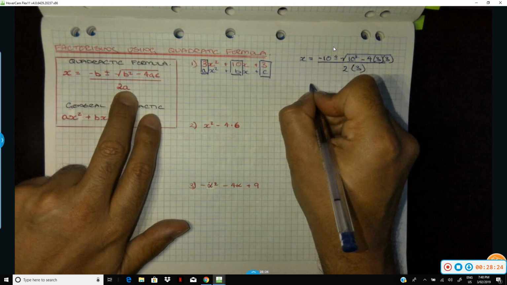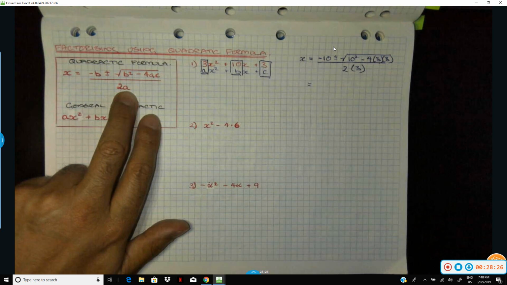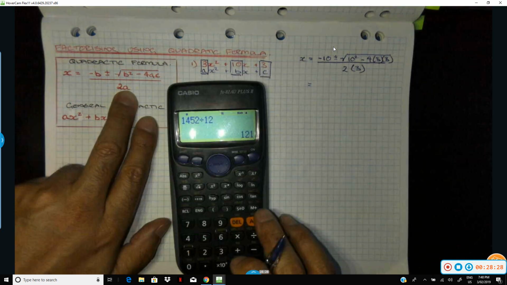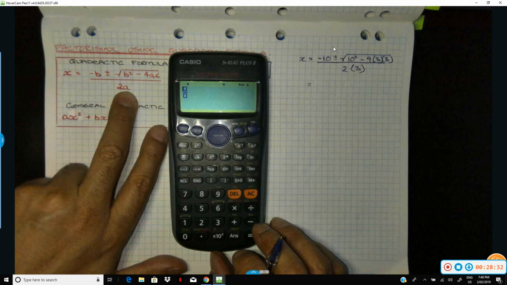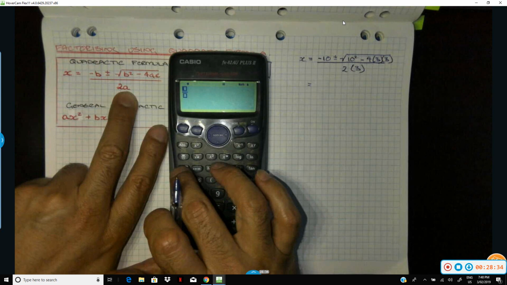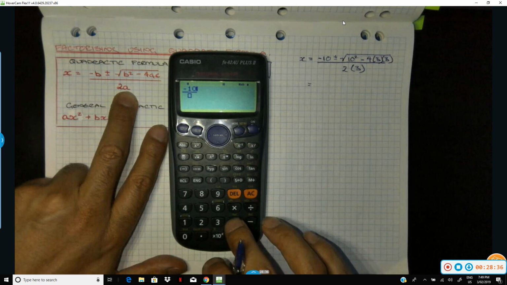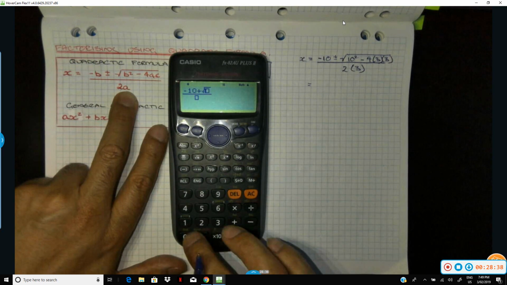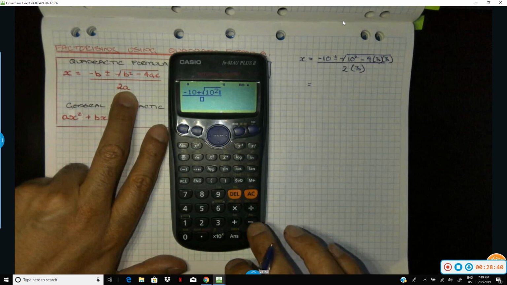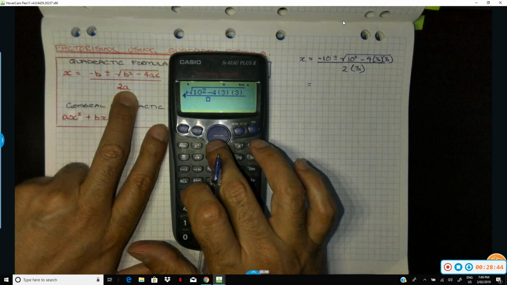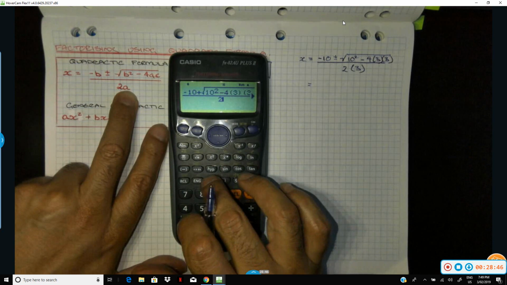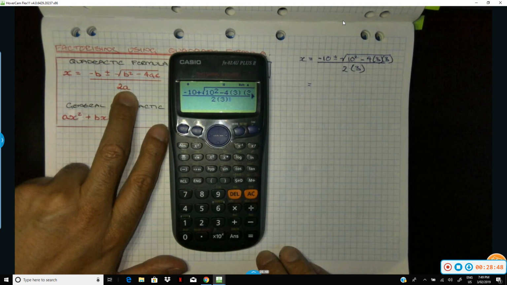Okay. Big complex problem to solve. But that's why we got our trusty calculator. Okay. So I've got minus 10 plus the square root of 10 squared minus 4, 3 times 3 over 2 times 3.